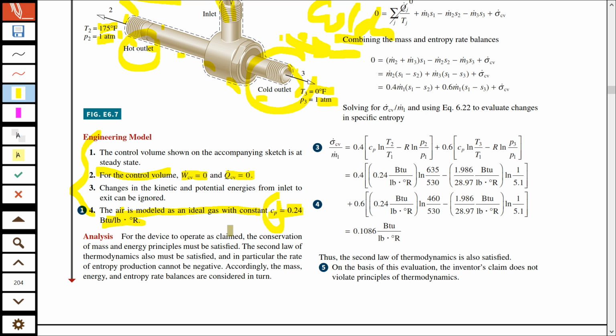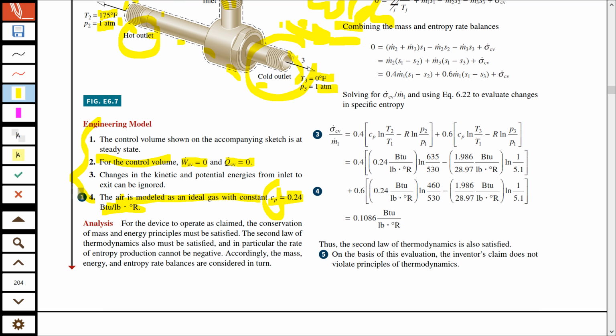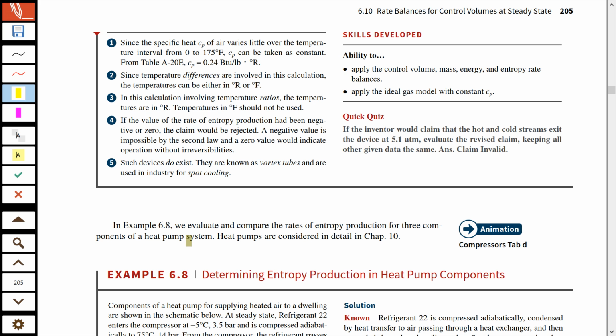This Cp is given to you. What he guides you to here is that if you look at table A-20E for English units, you will see some variation of Cp.